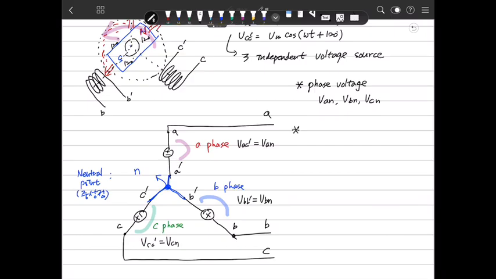We call this the line-to-line voltage. Line-to-line voltage in Korean, 선간전압. In Korean is 상전압.